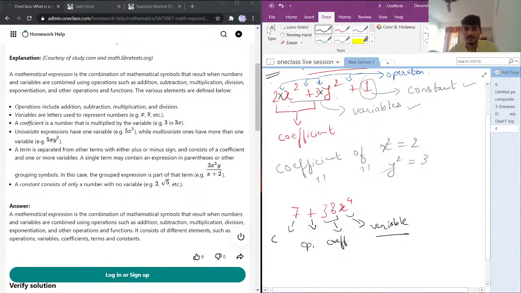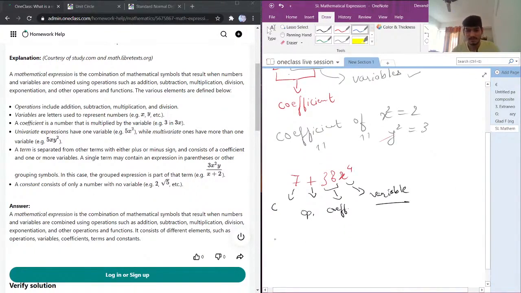We also have one more thing, which is the degree of the expression. Polynomial expressions also have degrees. Degree is basically the highest power of the variable. The highest power of the variable is 4 in my case; it is basically x power 4.